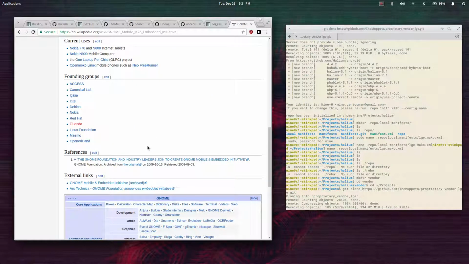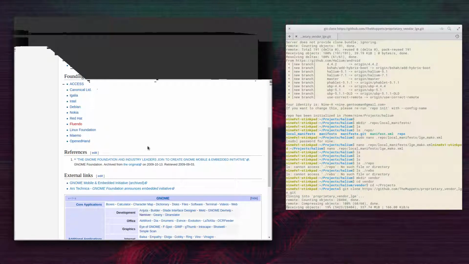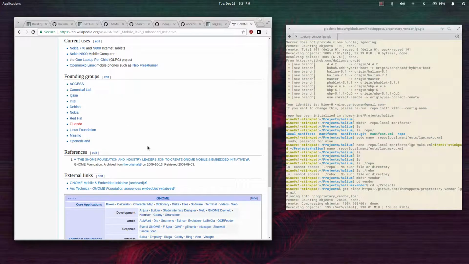So why not go after the secondhand Android handset market? And that's what Halium's doing, and I think it's probably the best idea. Because everybody that uses Halium is going to be fairly knowledgeable with Linux, and we might actually be able to make something that's good, and then eventually work on the onboarding experience.